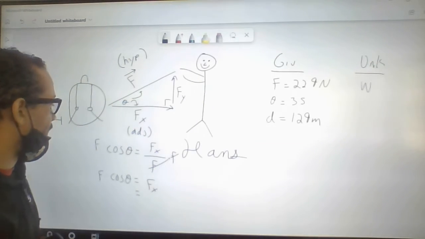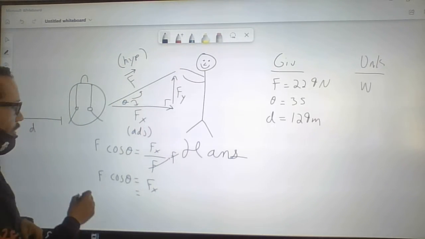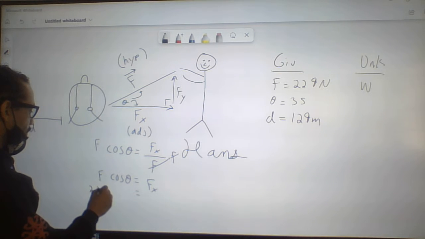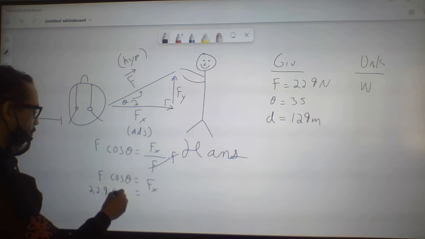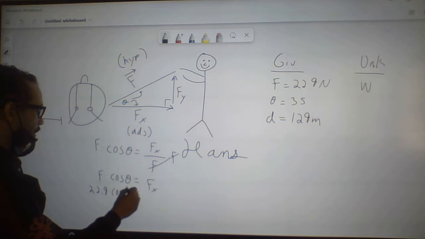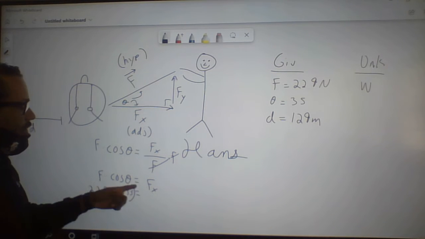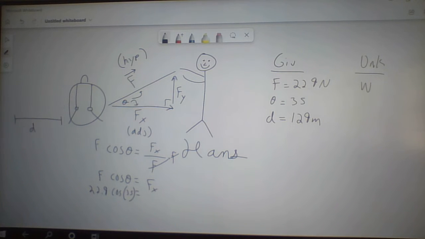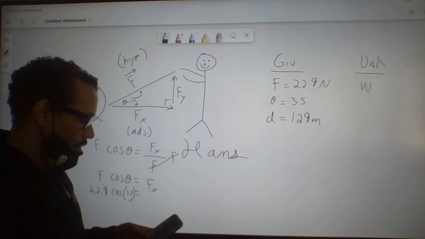So now we'll take 22.9 times the cosine of 35, and that's going to give me F in the x direction.